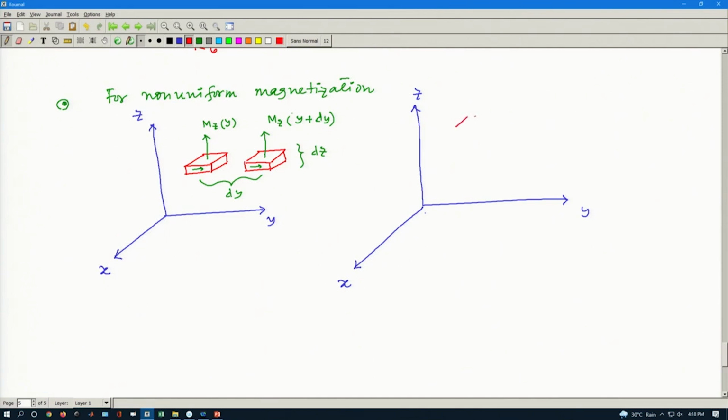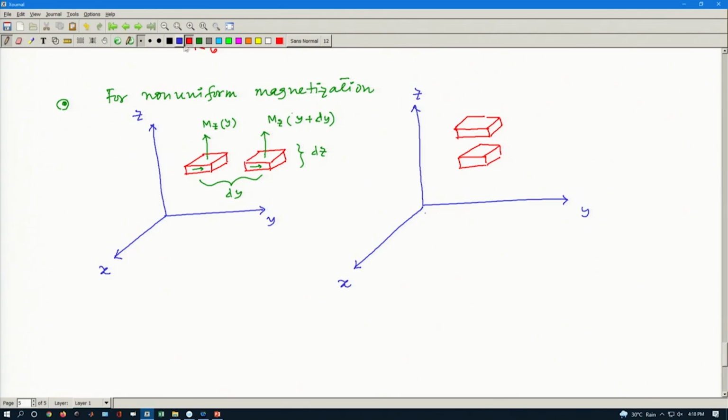I have a chunk here, and another chunk I am having here. And the current is now flowing in the y direction.